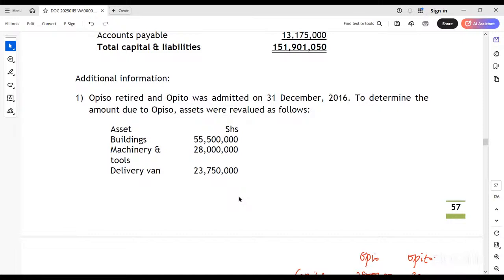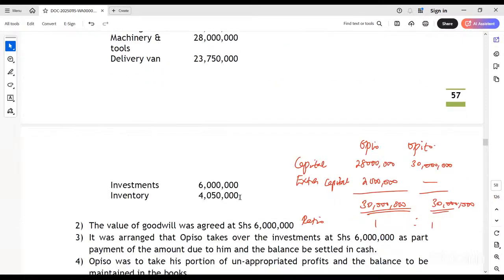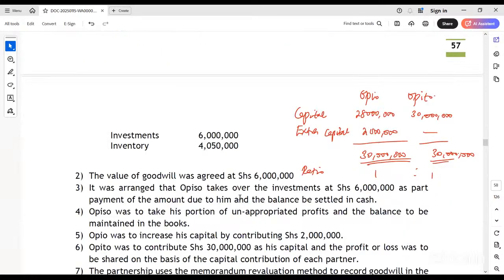Then goodwill. Have you accounted for goodwill? Yes, we have accounted for our goodwill very well. What else do we have?